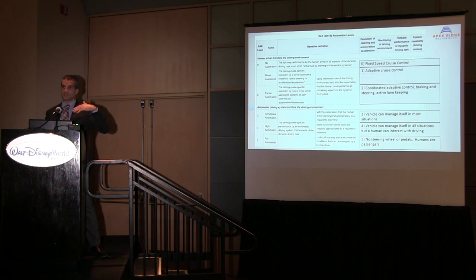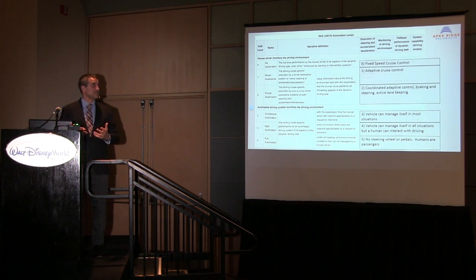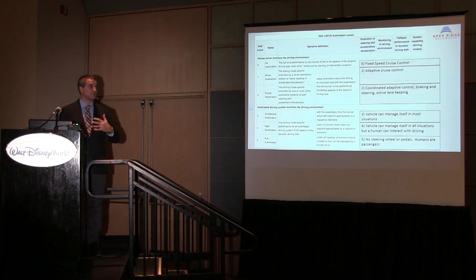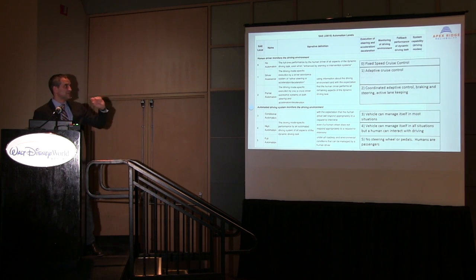0 is no automation, which is what we've historically had, and there are 5 levels. Level 1 includes things like adaptive cruise control, so that's looking outside to make a decision on adjusting the speed. Level 2 is partial automation. That's coordinated adaptive control, like braking and steering coordinated. This is lane keeping technology. Then the big jump.